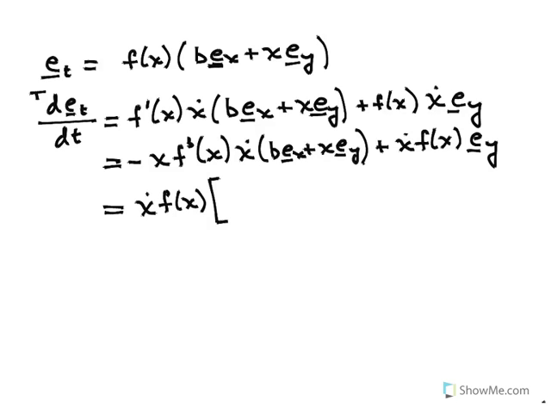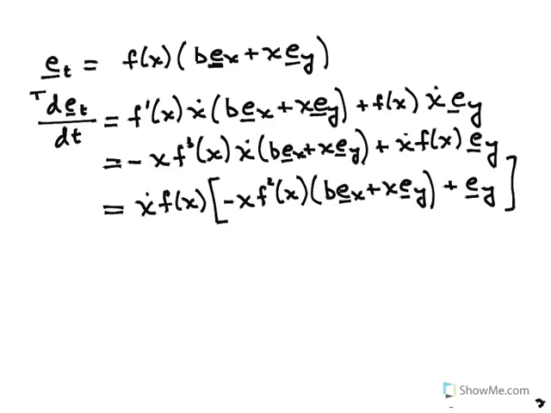And I'm left with minus x times f squared of x times (b e_x plus x e_y), and then I've already factored out the x dot and the f of x. And so I've got plus e_y.